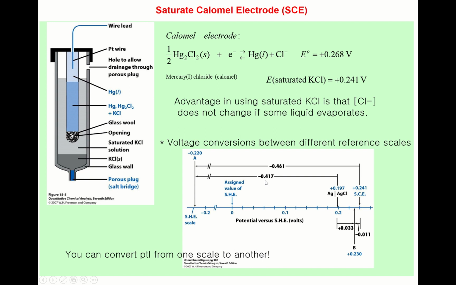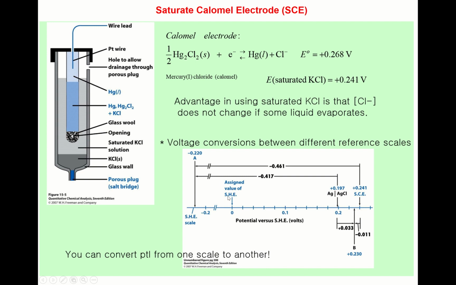What is the potential of this one with respect to SHE? It is very simple. You look at this scale, and when you use this one as a reference electrode, you obtain this value, in the negative direction, minus 0.417 volt.